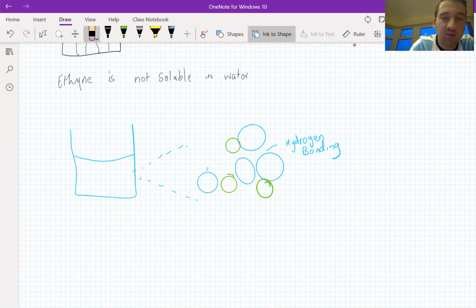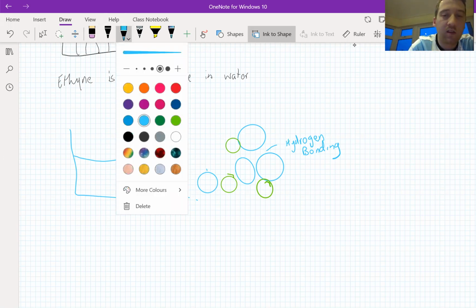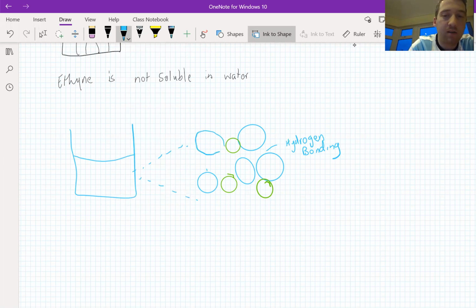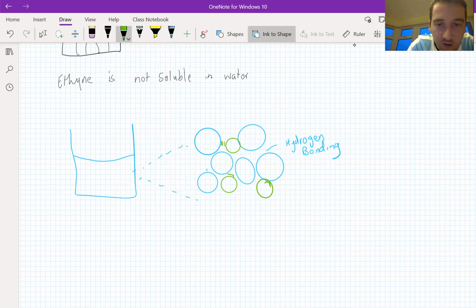So some of these hydrogen bonds have to break, and instead they have to form hydrogen bonds with the ethyne molecules. Now, if that is able to happen, then you will get ethyne dissolving. So if you are able to successfully hydrogen bond water molecules to ethyne like this, then you would get them to dissolve.